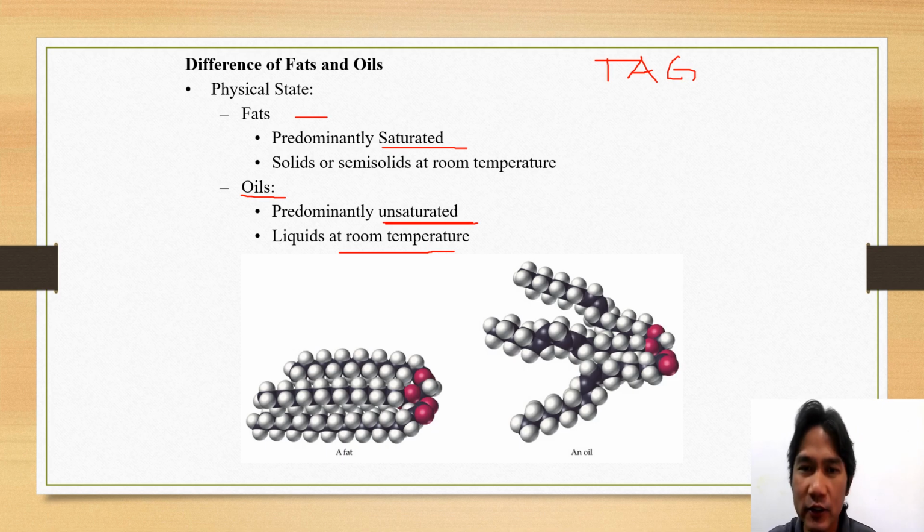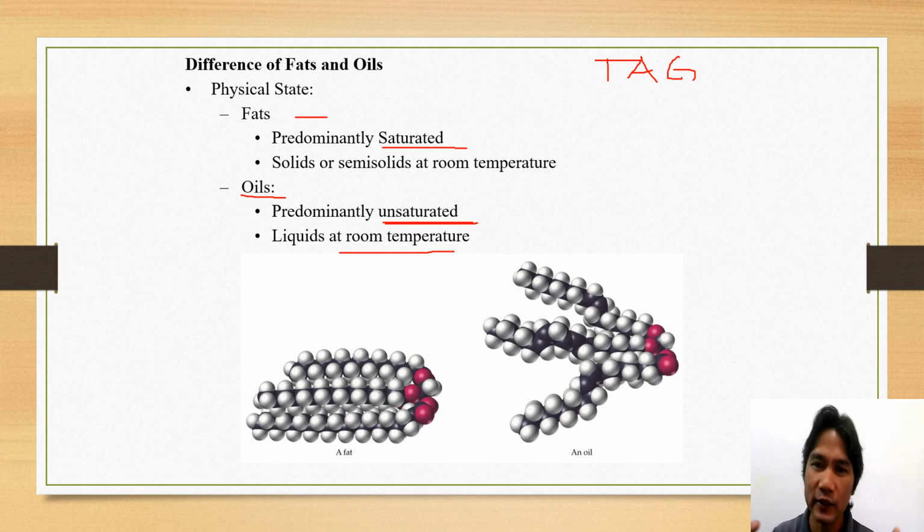Remember, as I said in the previous slide, the presence of double bonds. The reason why they are unsaturated is because of the double bonds, and the presence of double bonds creates what we call bends.